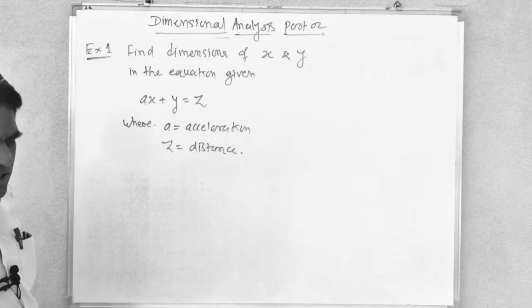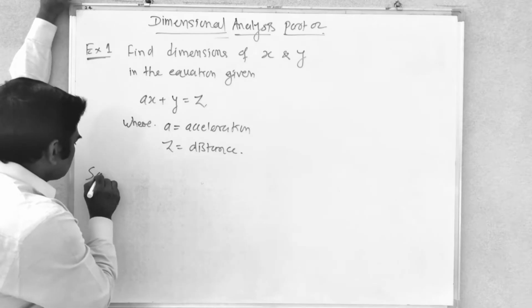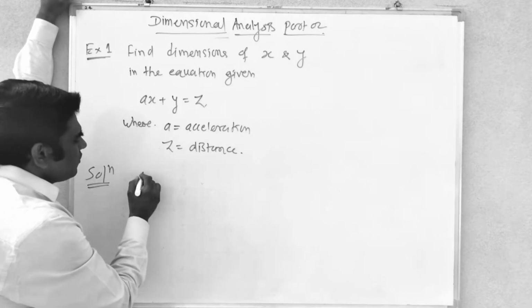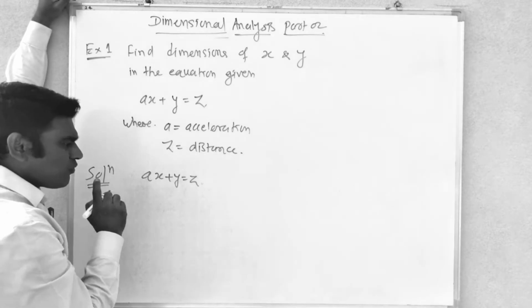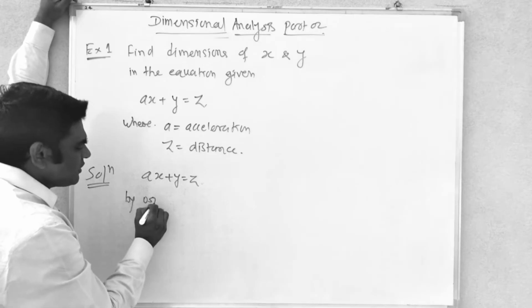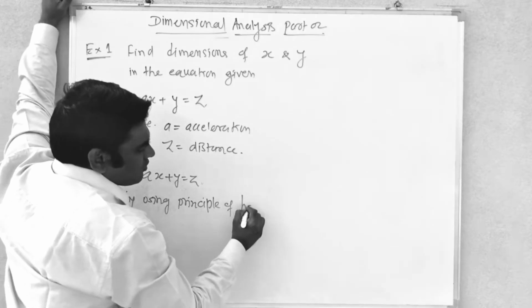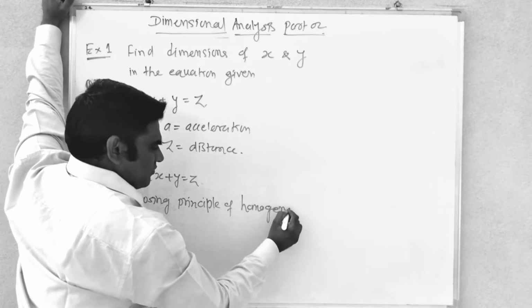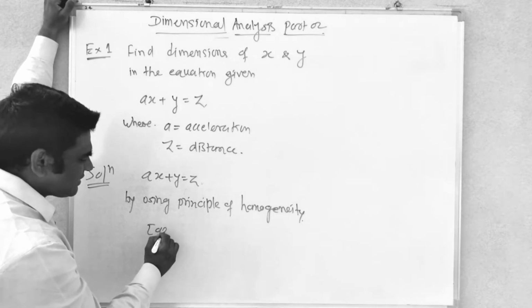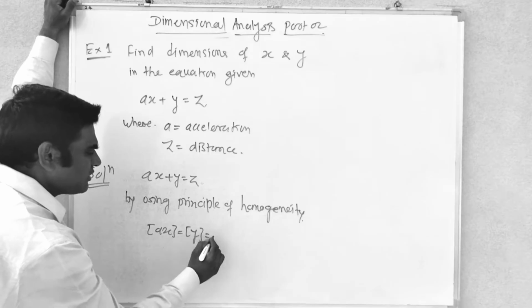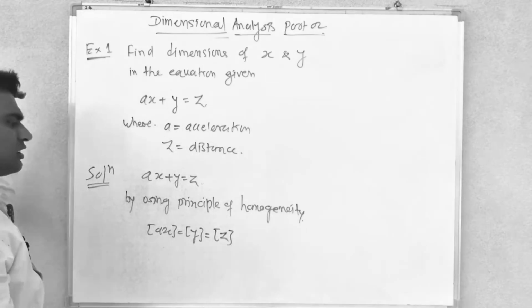To find the dimensions of x and y, we can use the principle of homogeneity. Now look how to solve. The equation is ax plus y is equal to z. By the principle of homogeneity, the dimension of ax is equal to the dimension of y is equal to the dimension of z.